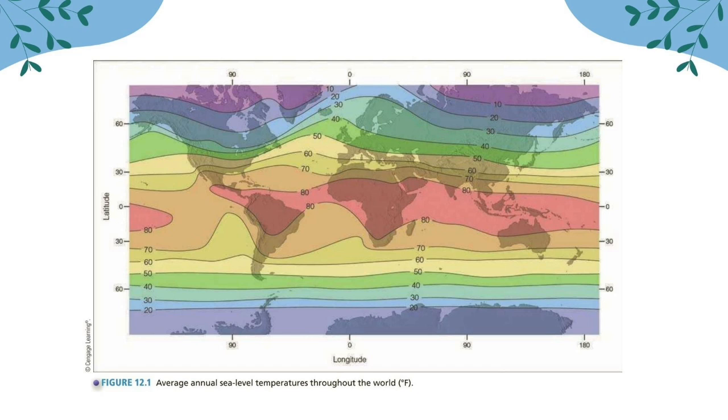While the green and blue areas represent cooler regions, with the darkest blue marking the coldest areas near the poles. As you have observed here, the equator has a 0-degree latitude, because it is the hottest zone, receiving direct sunlight all year. The temperatures gradually decrease toward the poles, at 90 degrees in the north and south.